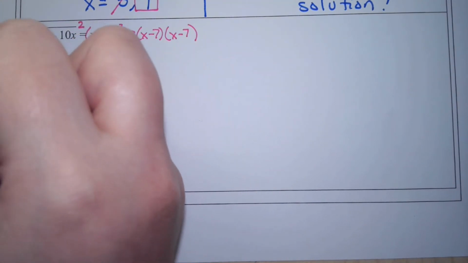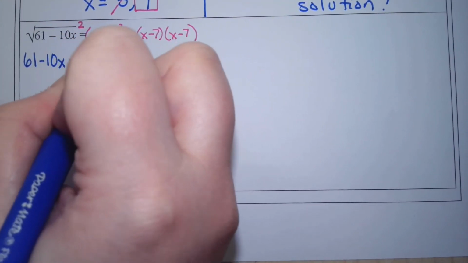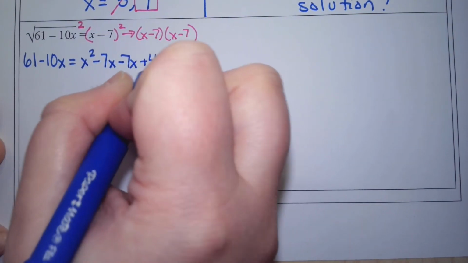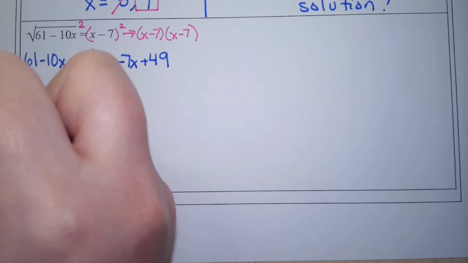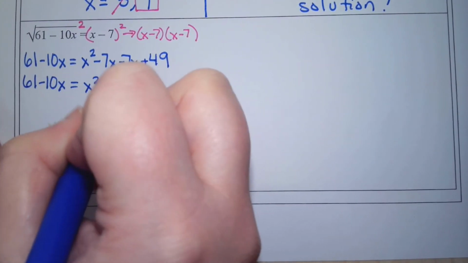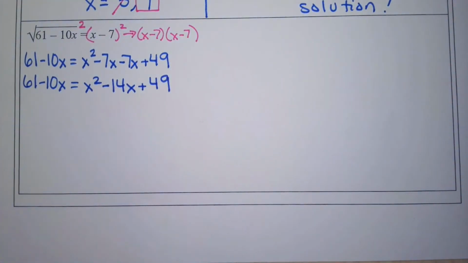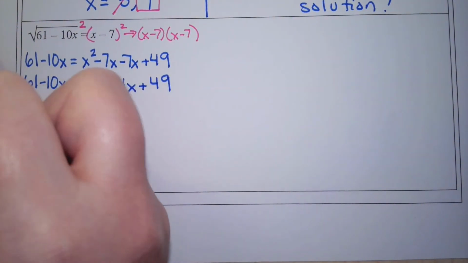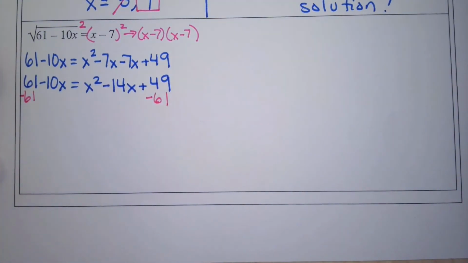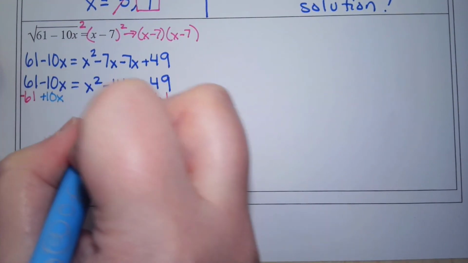So 61 minus 10x is equal to x squared minus 7x minus 7x plus 49. So 61 minus 10x is equal to x squared minus 14x plus 49. So now we're going to subtract 61 and make sure you line them up in the correct spot. And we're going to add 10x.